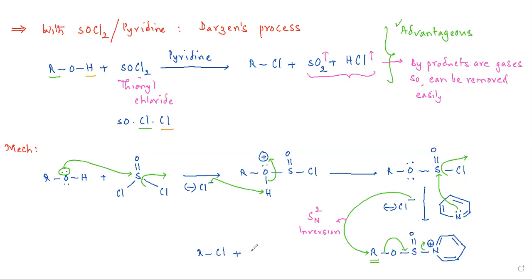RCl, SO2, of course, and the pyridine. So whenever pyridine is used along with thionyl chloride, the mechanism is SN2. Okay. But in the absence, it is going to be SNi. We'll see that.